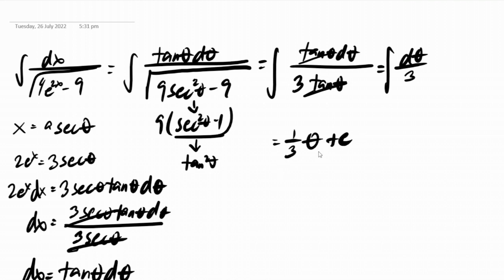Now one more crucial step we need to do in trigonometric substitution is to substitute theta using what you have here. I will put it here, x equals a secant theta, right?